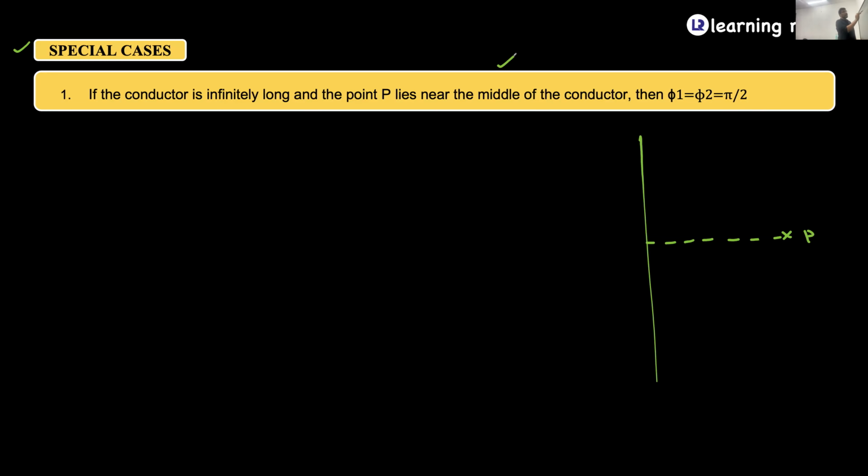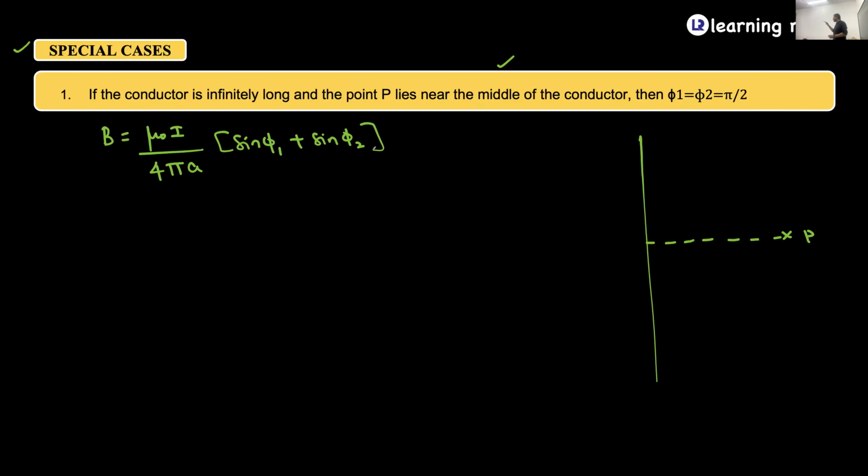What is going to be the value of phi 1 and phi 2 so that we'll be able to calculate the value of magnetic field? B is equal to mu naught I divided by 4 pi A into sine phi 1 plus sine phi 2. Now, from point P, I'll draw a line in such a way that this point should go and meet the topmost point.